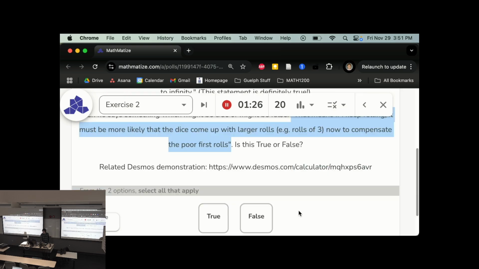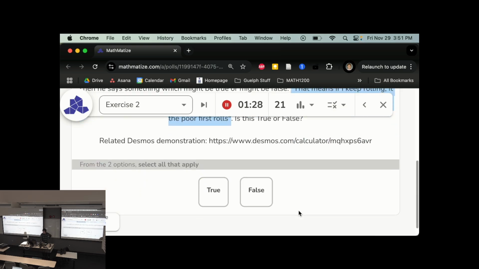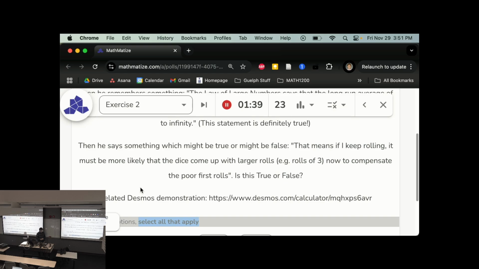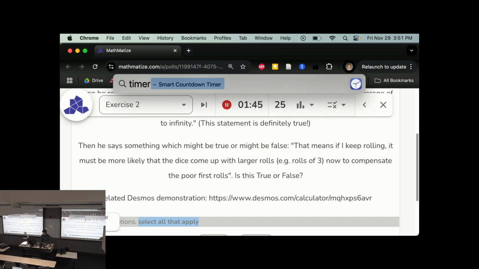And there's a little Desmos thing we're going to do, but I want you to think of what to do. And very fitting for the last true false question, I set it to select all that apply. Of course, only one of them applies. So you have to decide, do you buy this explanation or not? Is it true or is it false? Okay, I'll let you guys think for a minute, and then I will take it up.